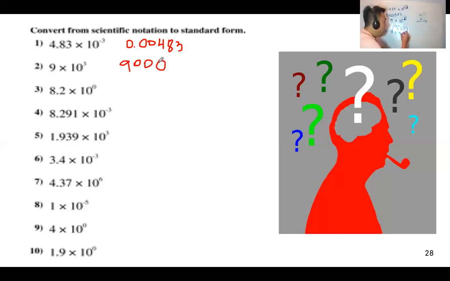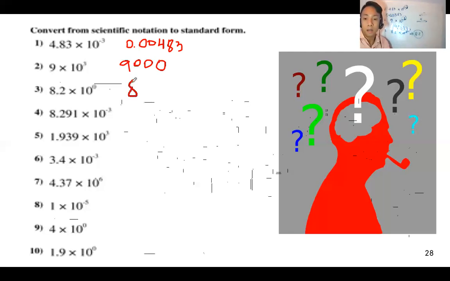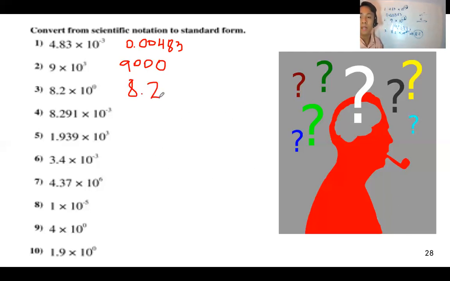Tama? So gagawin lang natin siyang 1. Okay, what is 8.2 times 1? Still 8.2. So the answer for number 3 is only 8.2. O, diba? Dali lang.